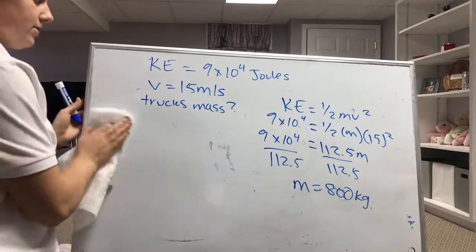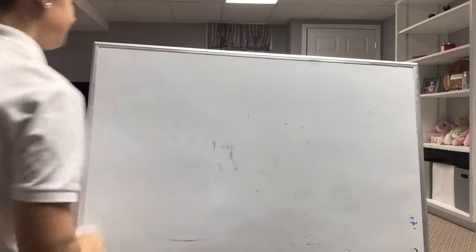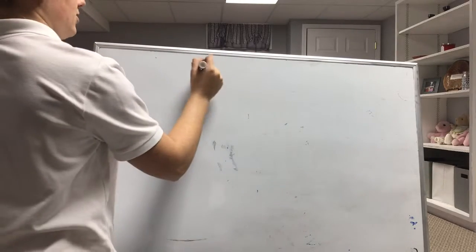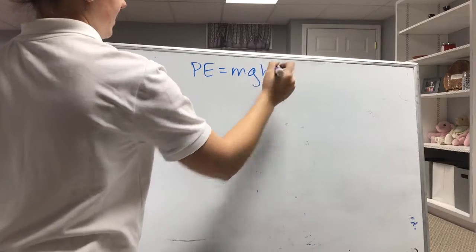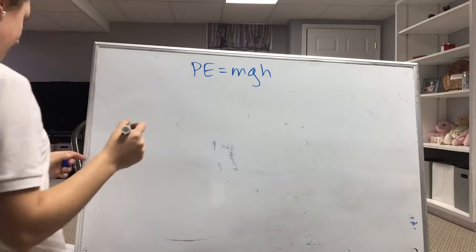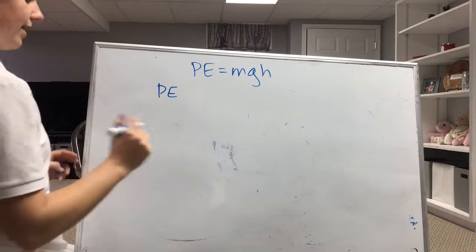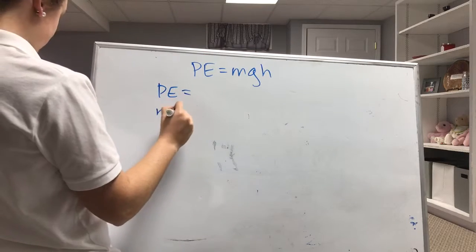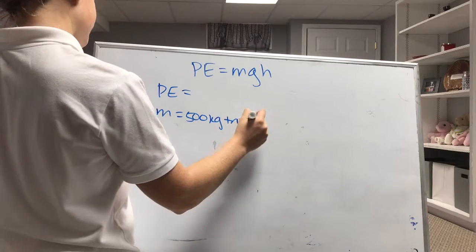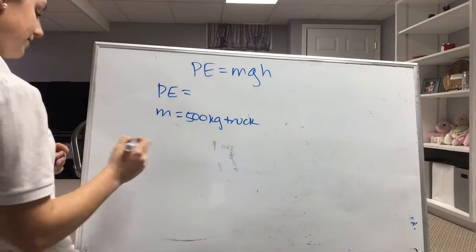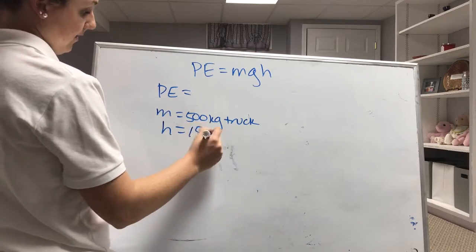Let's do a problem where we are solving for potential energy. Potential energy, as we remember, is mass times acceleration due to gravity times height. Say we have a mass of 500 kilograms of a truck, and it's risen 15 meters above the ground, therefore the height is equal to 15.